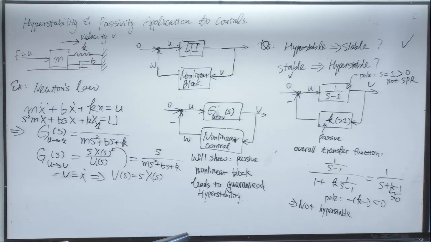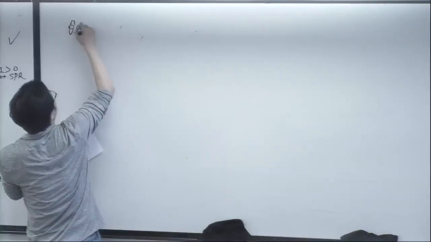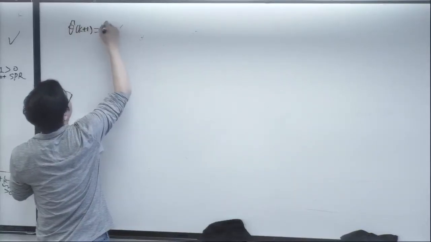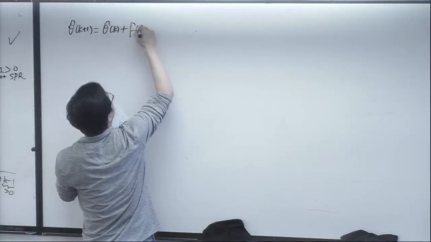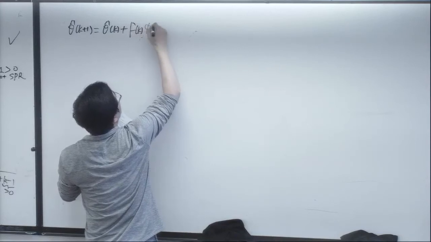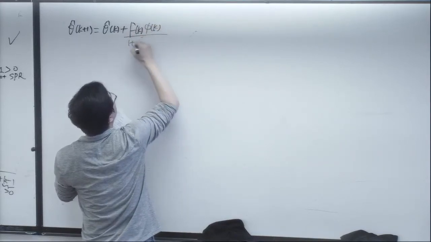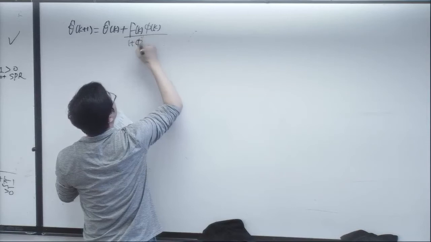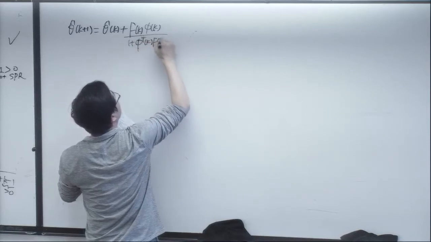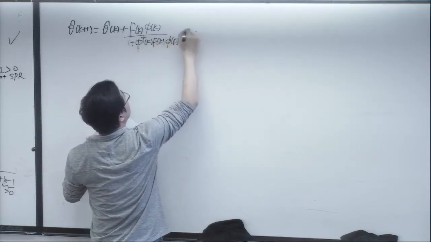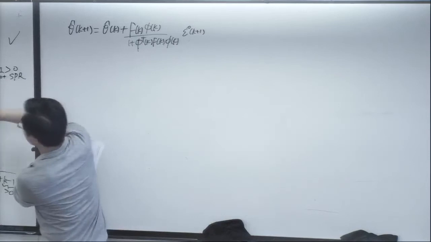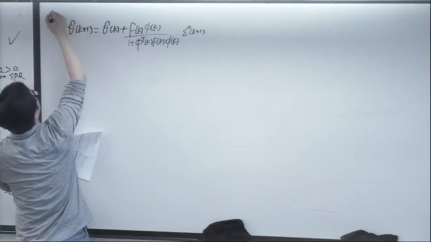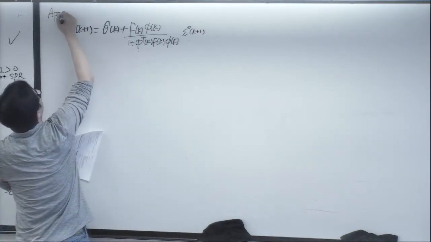All right, so now if we have a parameter adaptation algorithm that looks like this, let's think about how to put this into this block so that we can analyze stability.